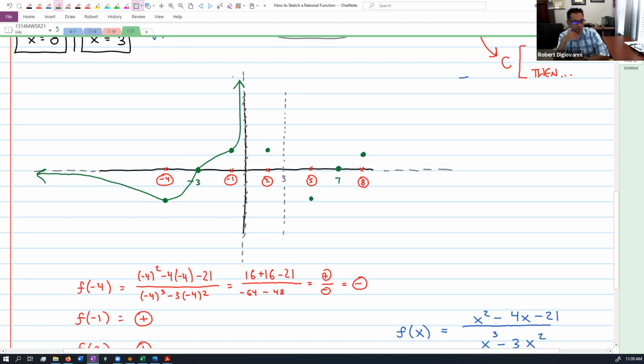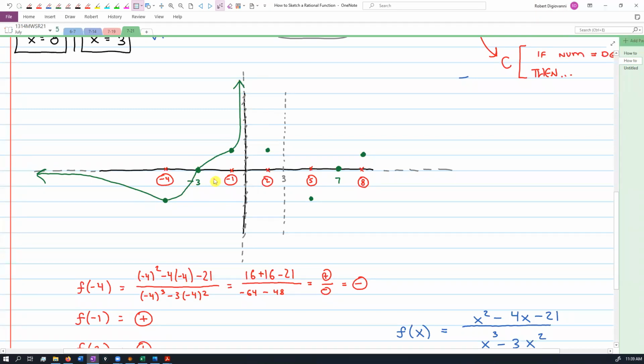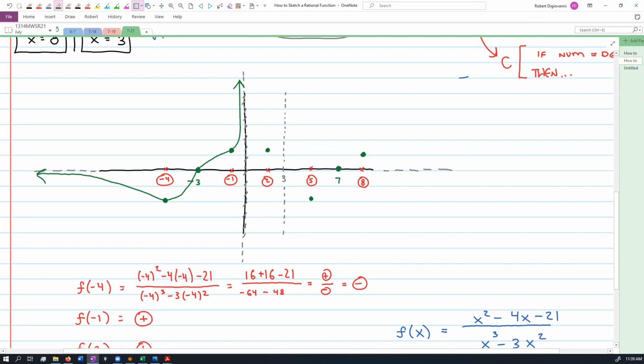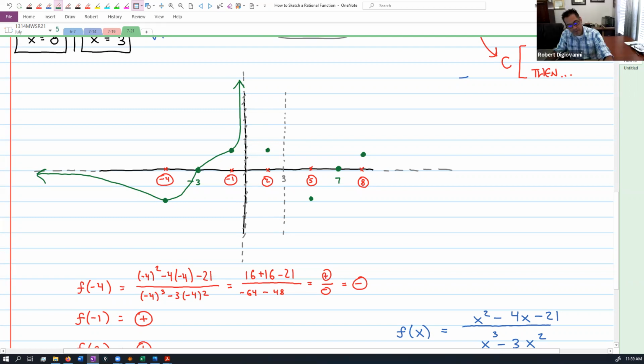Now, what's the next point, Elisa? What's the next point we need to look at? We've done all this. Go ahead. 2? Yeah, the one at 2, right here. So, Elisa, carefully, tell me what happens to the left if I draw it to the left. You just have to draw it towards the line. Up or down? Up. How about to the right? How do I draw it?